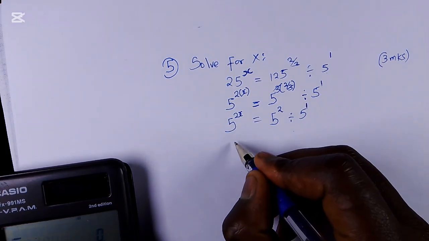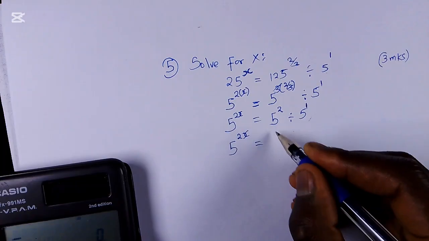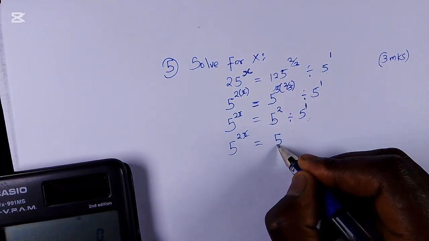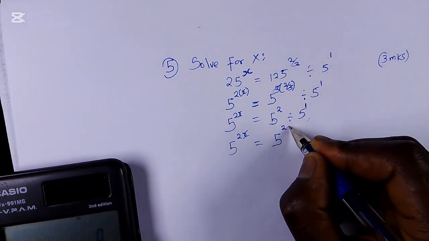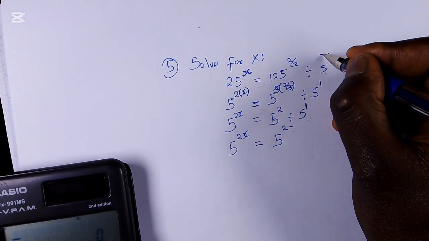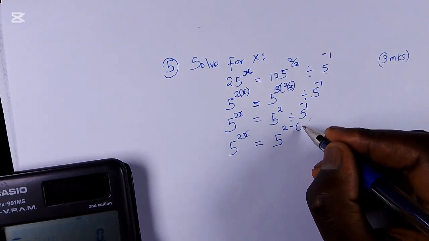By having that, we will say 5 to power 2x is equal to, by the division law, since the base is common, we take base 5 to power 2 minus 1.